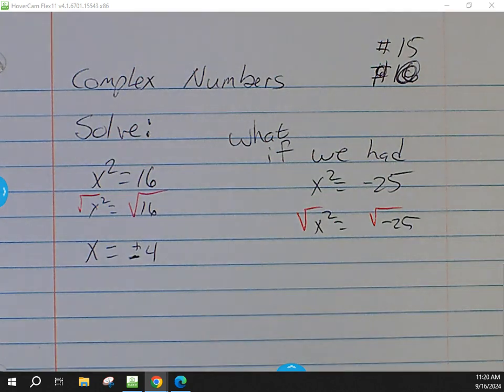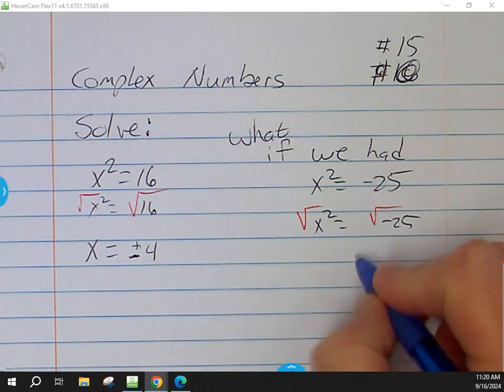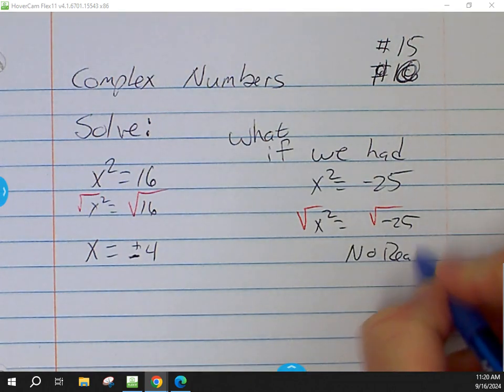And with the error message, that goes back to the last test. Y'all remember when we did the discriminant, how we said you have either two solutions, one solution, or no solutions. This is that no solution part, because on this one, you get the error message, which means there's no real solution.